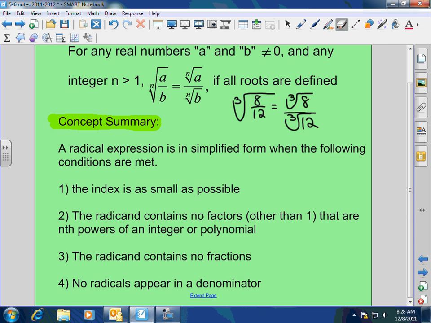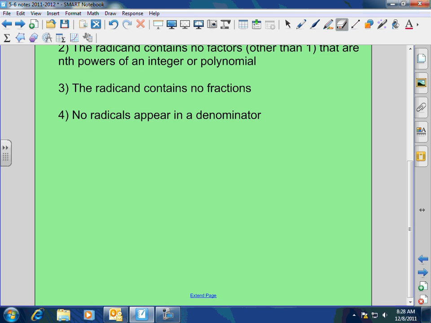Whenever you have a radical in the denominator, you have to complete something called rationalization. You must rationalize. And you rationalize the denominator by multiplying both the numerator and denominator by the radical in the denominator. So for example, what does that mean? If I have, let's say, 3 over radical 2, I'm going to have to multiply by the radical which will cancel out the denominator.